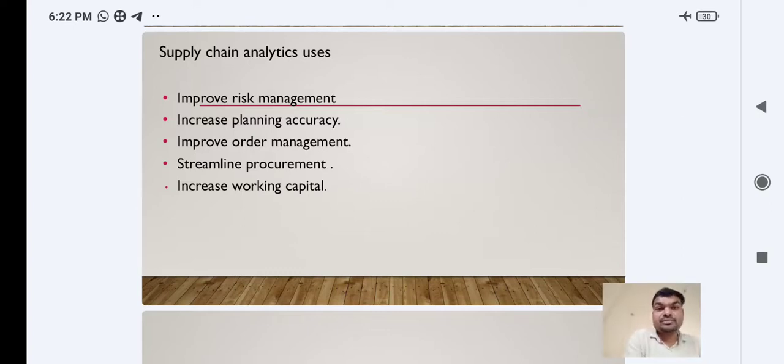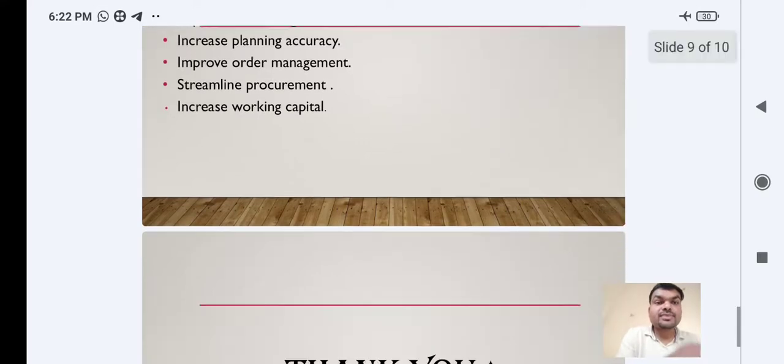Working capital also increases in supply chain analytics, to get a steady revenue stream. These are the supply chain analytics uses.